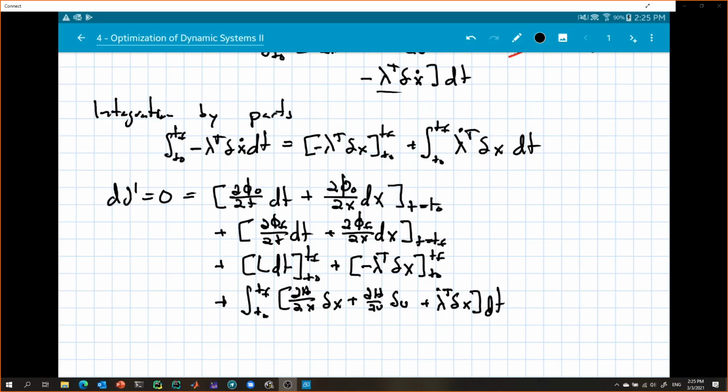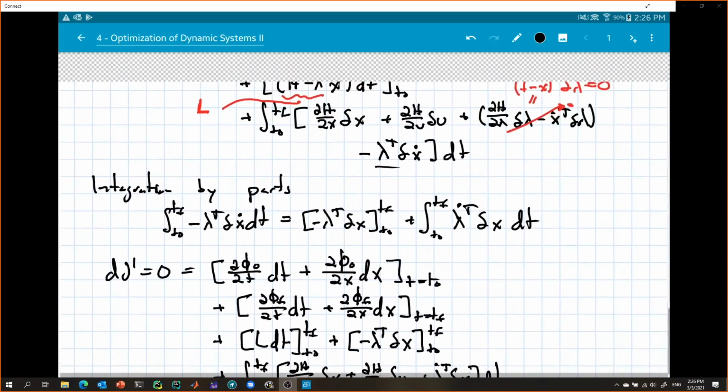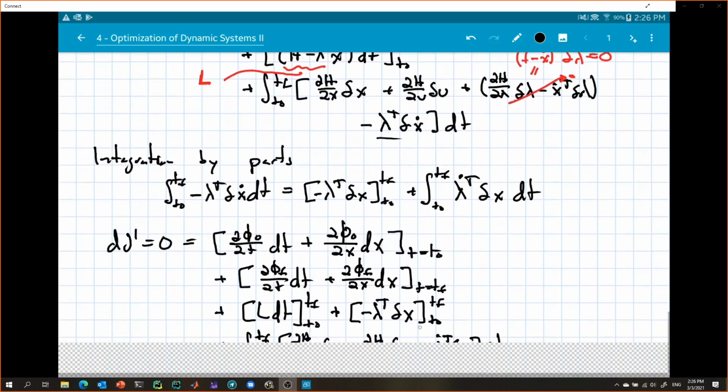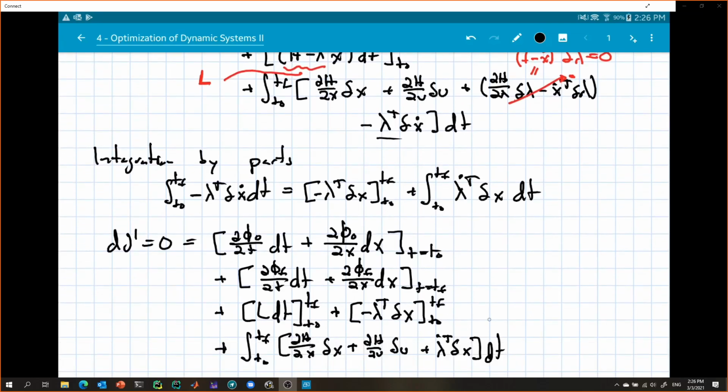Okay, so the things that are different here: if you look up here, I simplified that path cost, simplified it here, and then also did the integration by parts.